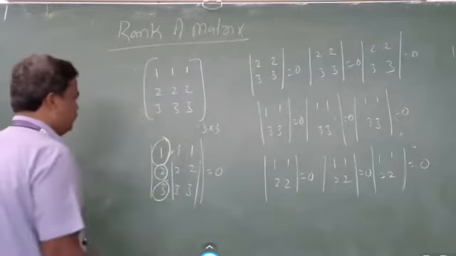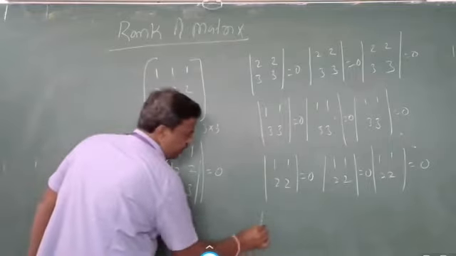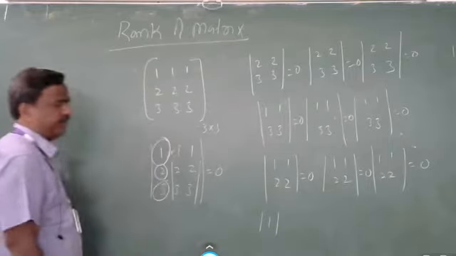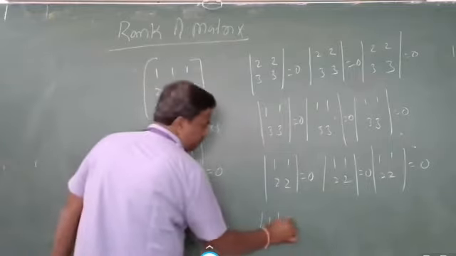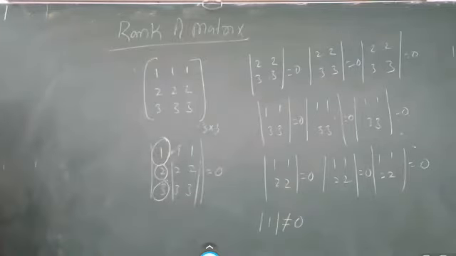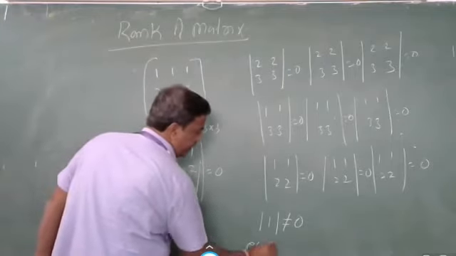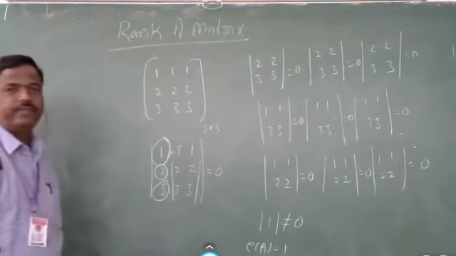Now remaining is the next level, the 1 by 1 matrix. The determinant of this square submatrix is not equal to 0. Therefore, the rank of matrix A is 1.